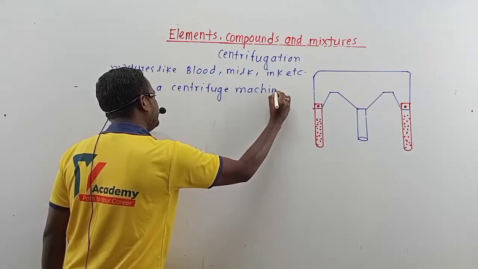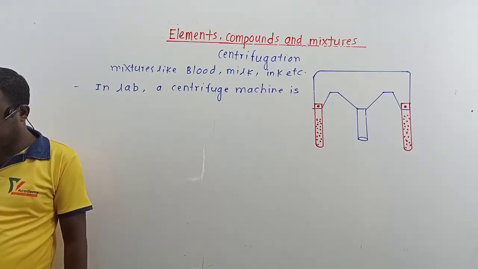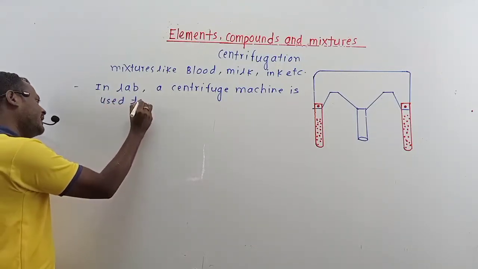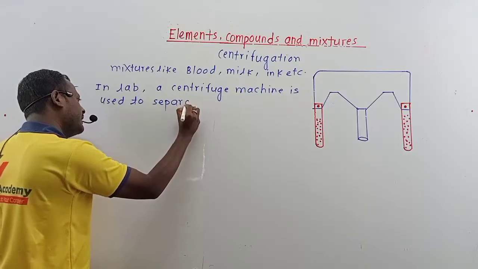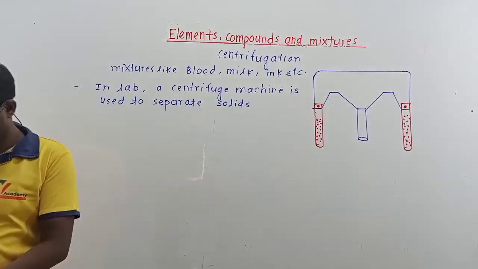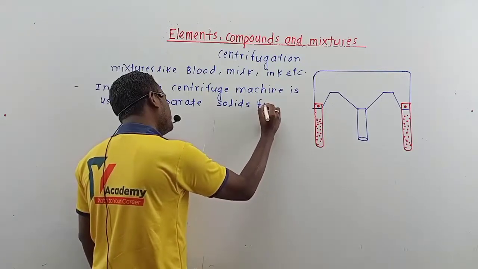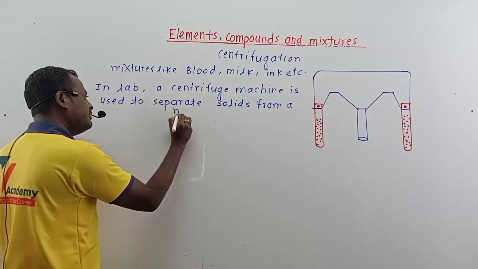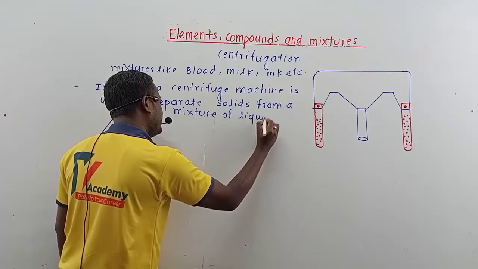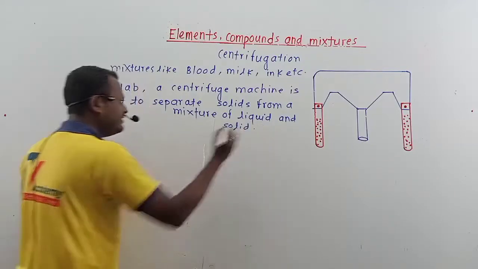A centrifuge machine is used to separate solids from a mixture of liquid and solid.